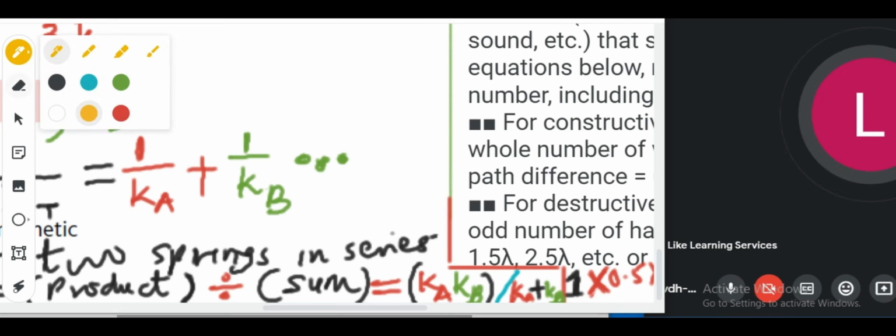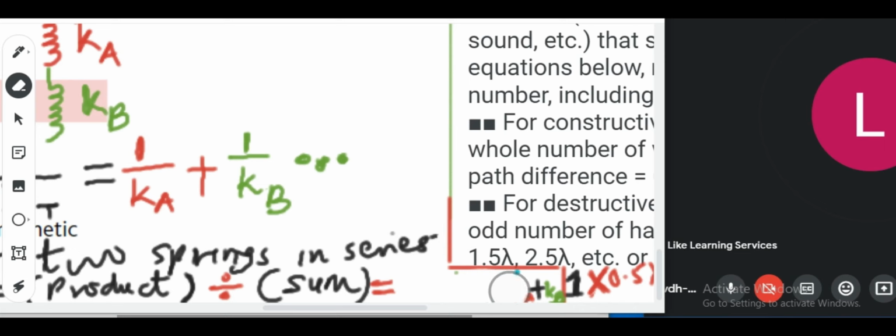Let me write it better so that this will come out clearer.